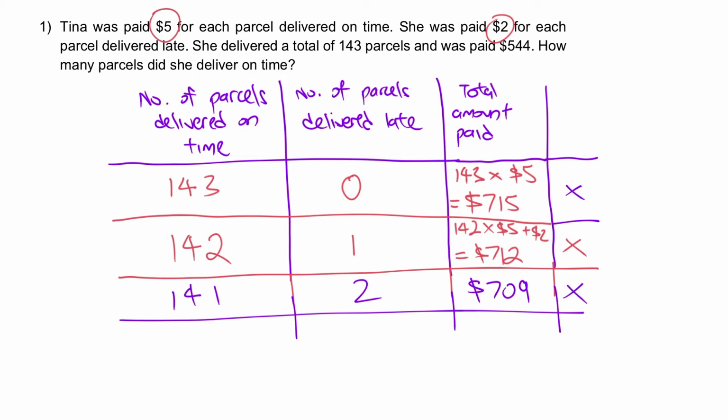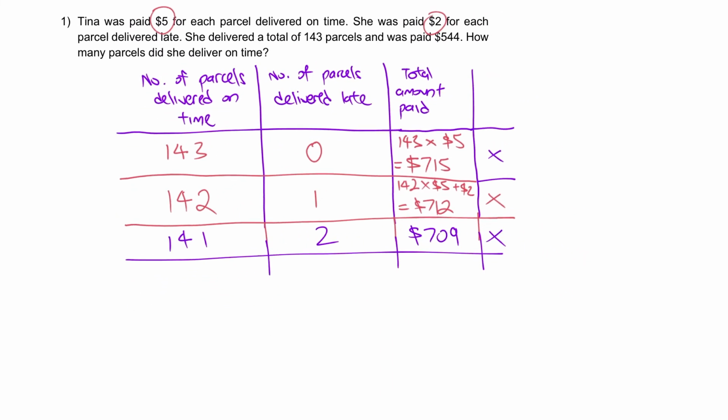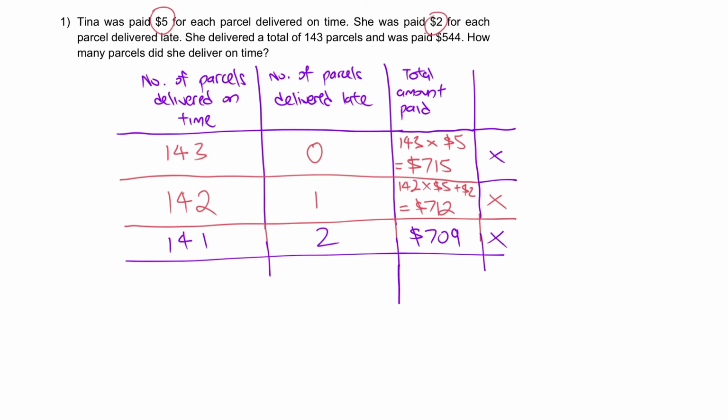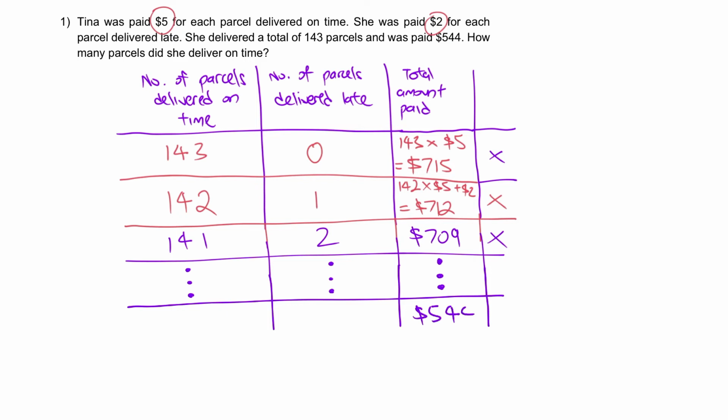And here. So what do I do next? How do I get to the number I want? So you assume the pattern carries on. So dot dot dot, the pattern continues. When will I reach $544?